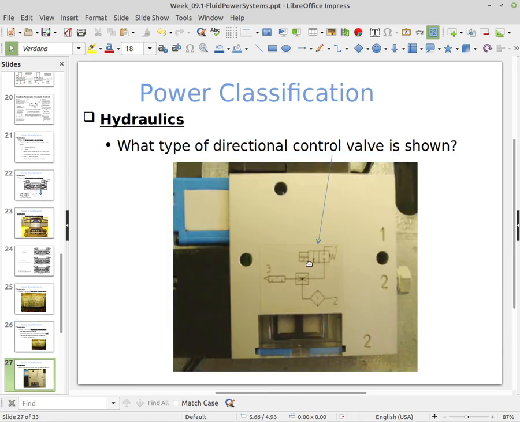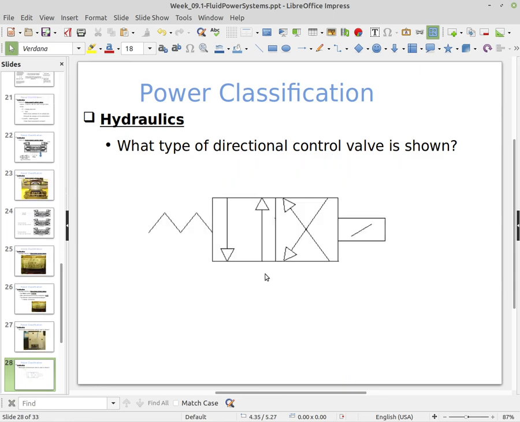This is actually an air solenoid valve here, so this is for pneumatics. And you can see it's a two-way, two-port valve with the arrow pointing to that, and this is activating our solenoid.